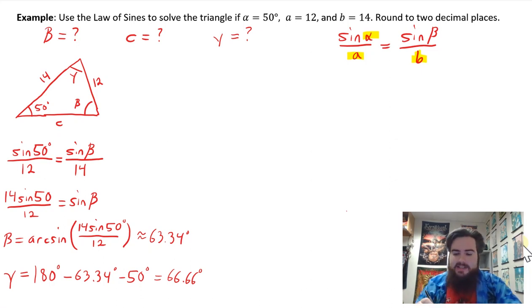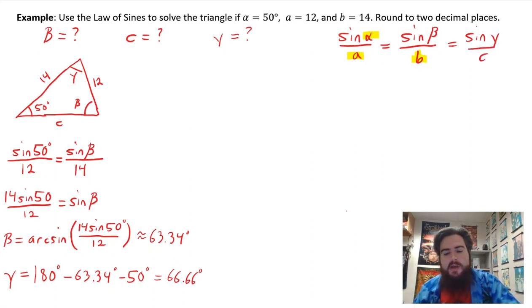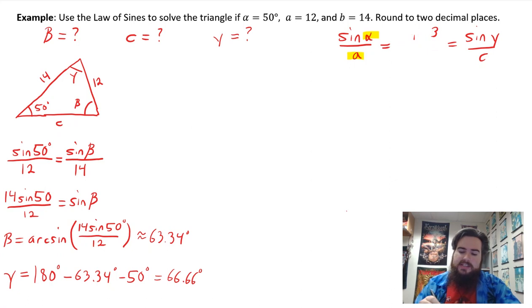Now we can set sine of gamma over C equal to any of these ratios now. It doesn't have to be beta over B, doesn't have to be alpha over A. However, I'm going to choose to set sine of gamma over C to be equal to sine of alpha over A. The reason for that is because sine of alpha over A uses 2 values that I was provided.